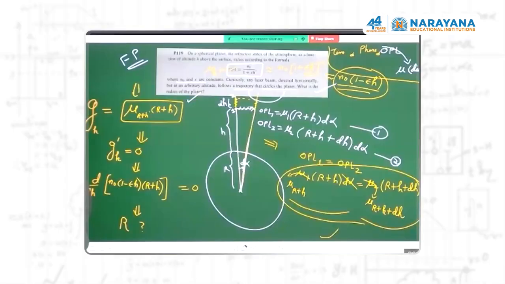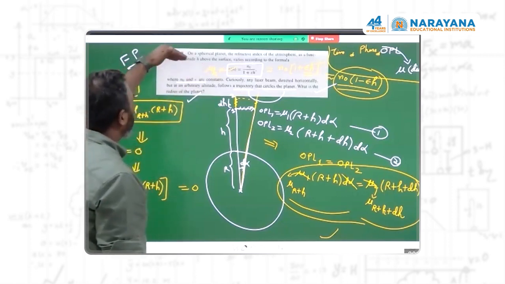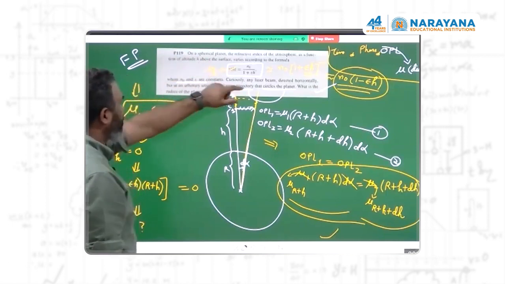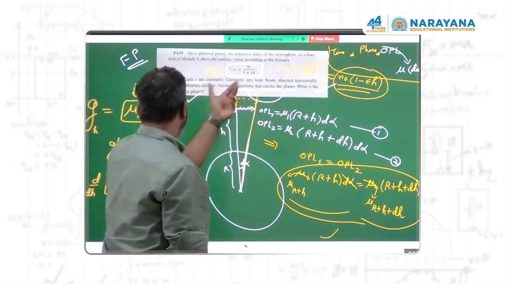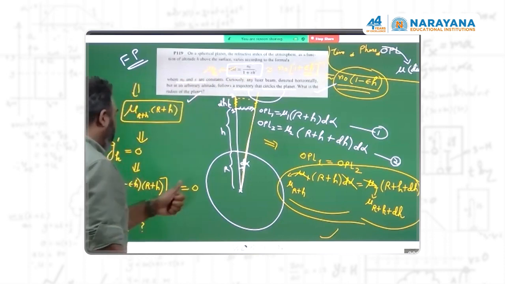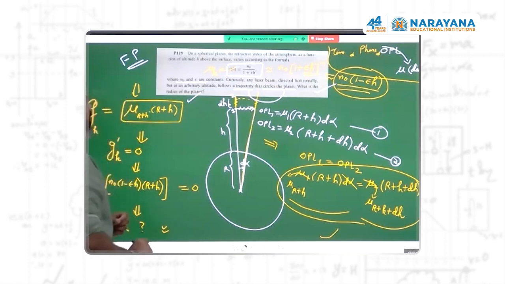So I just said that d by dh of that expression should be 0, presuming, which is given also according to the question setter, that h is not large in comparison to the radius of Earth. So using that data, I have taken my n, or simply you can take the basic expression also and just differentiate that term and take it equal to 0. That equation will help you find out the value of r.